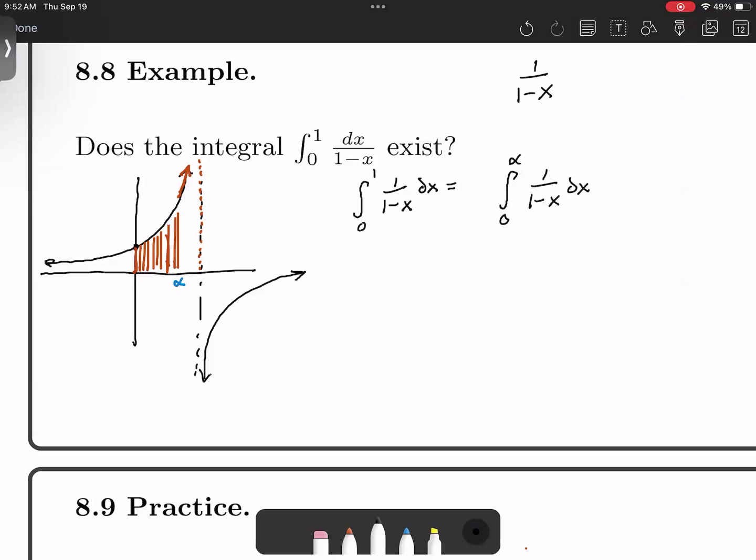And once we have that answer, that's going to be a finite area. Then we will send alpha to that vertical asymptote. We're going to send it to 1. So we will take the limit as alpha approaches 1, and it's approaching on the left-hand side. So it's a left-hand limit.